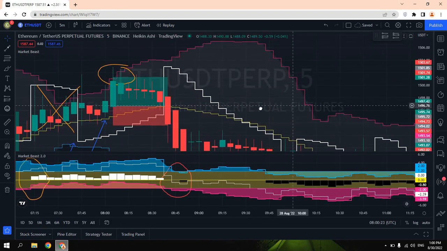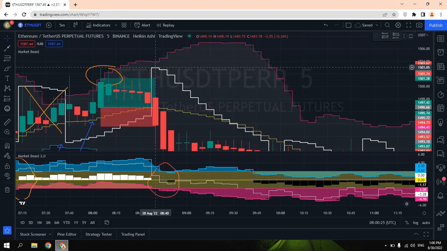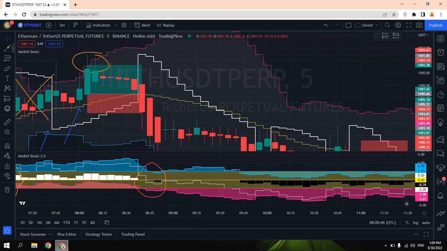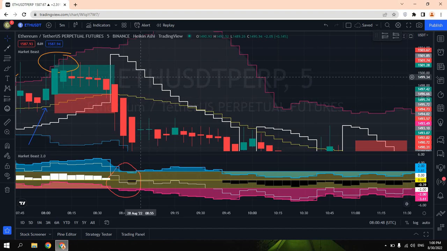Second condition should be this white line moving above the price action now. Here we were seeing that white line should be below the price for long position. Here we will see bearish condition where white line should be above our price, so it can work like resistance. So here the white line is moving above the price.